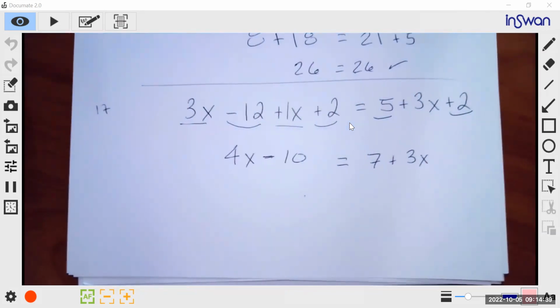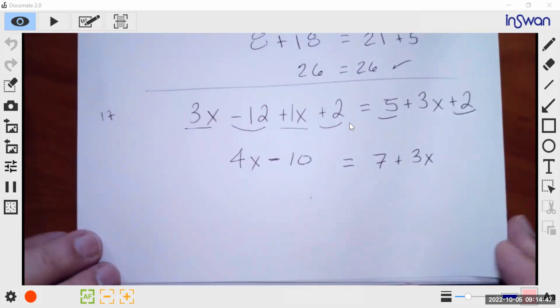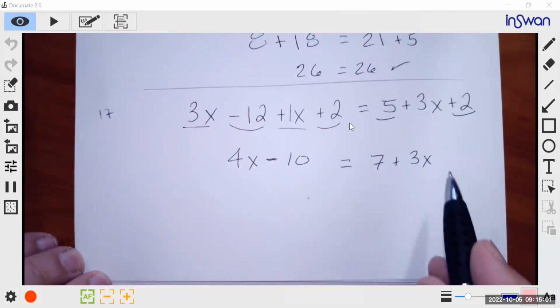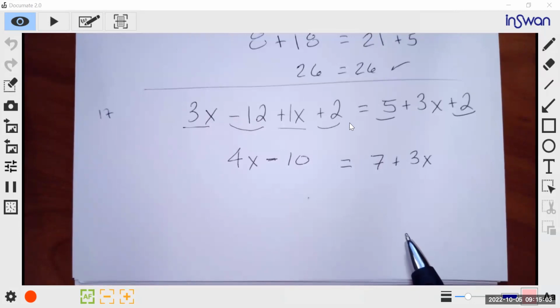So whenever you solve equations, make sure you simplify both sides as far as possible before you move everything over. Now what do you do next? You have 4x minus 10 equals 7 plus 3x. Which number do you move where? Move the smaller x to the larger. Always move the x's first. Those are the important ones.